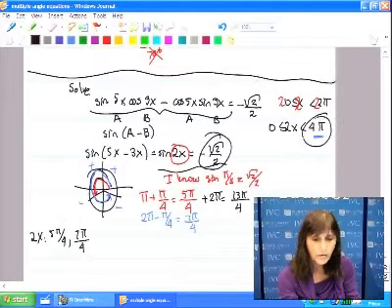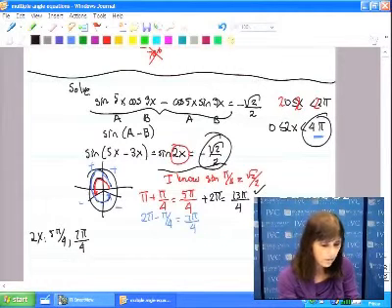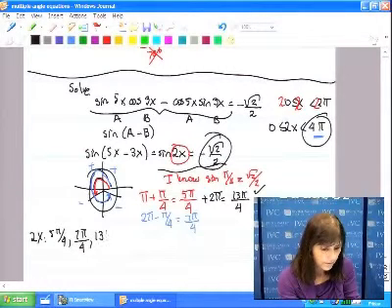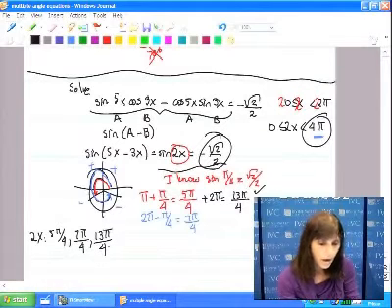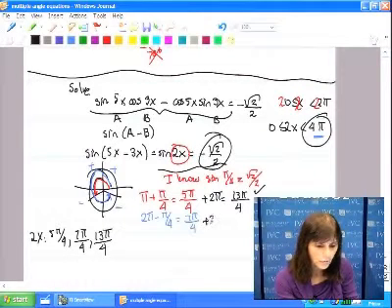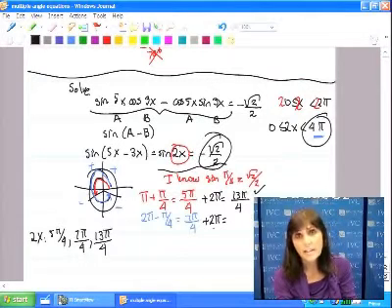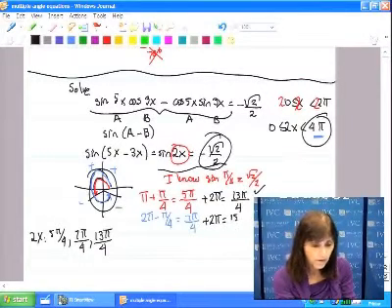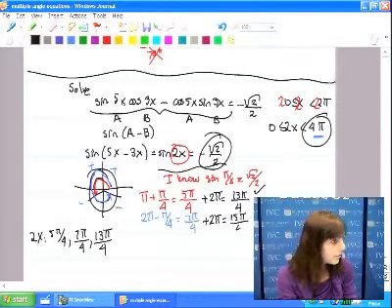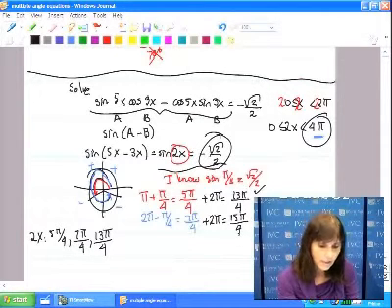Is that within 4 pi? Yeah, that one is good. How about the next one? Let's add 2 pi to that. 2 times 4, that's 8 plus 7, 15 pi over 4. Is that within 4 pi? Yes, it is.